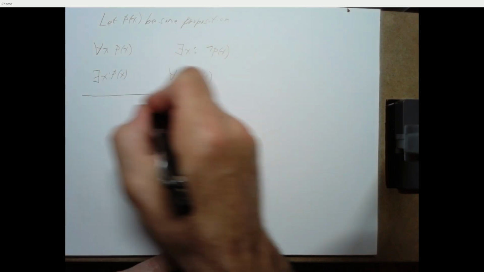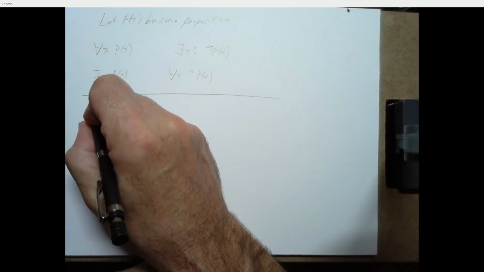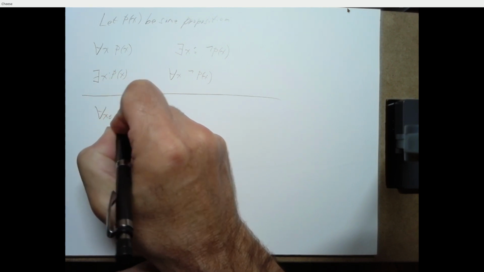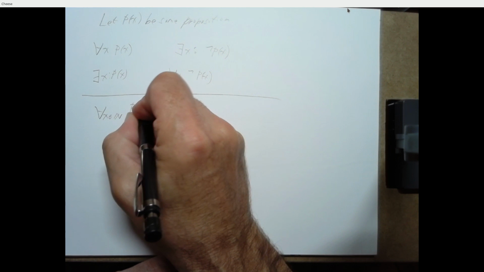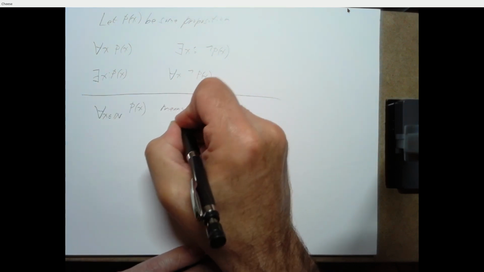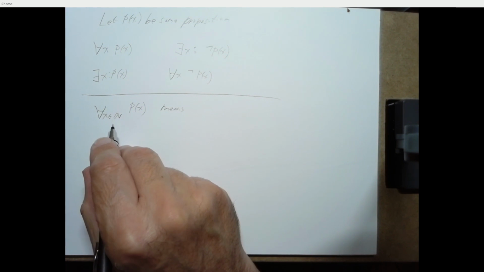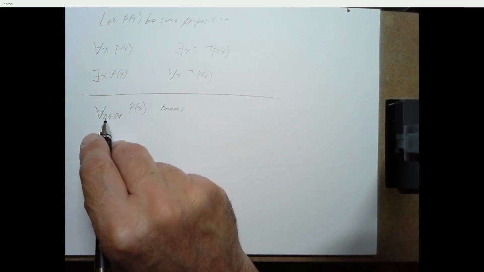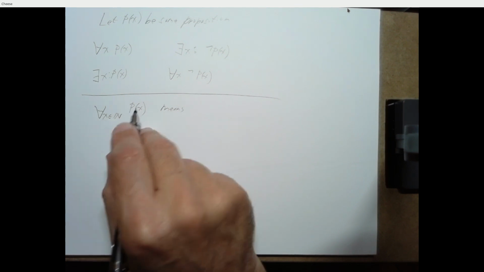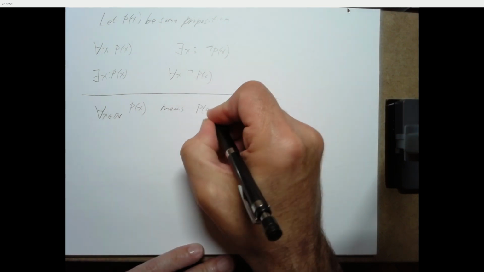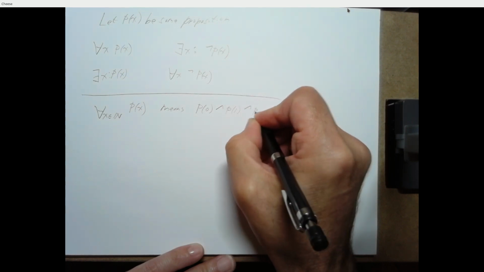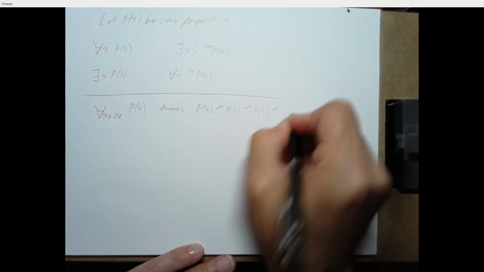All right, and a notational thing that we might do, for example, we could say for all x contained in the set of natural numbers, P of x, and let's suppose 0 is a member of the natural numbers, this means that when x is 0, P of x is true, when x is 1, P of x is true, and so on. This means P of 0 is true, and P of 1, and P of 2, and so on.